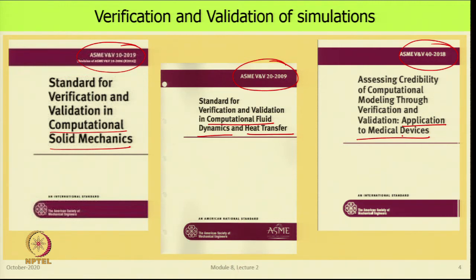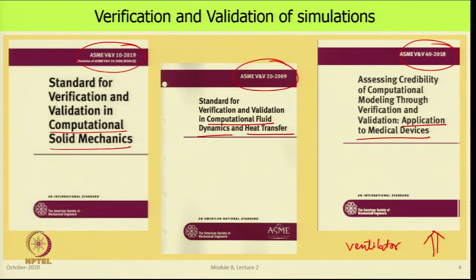So, in these COVID times, when we look at things like the ventilator, this would be our standard by which we have to follow the process of computational modeling and verification and validation.